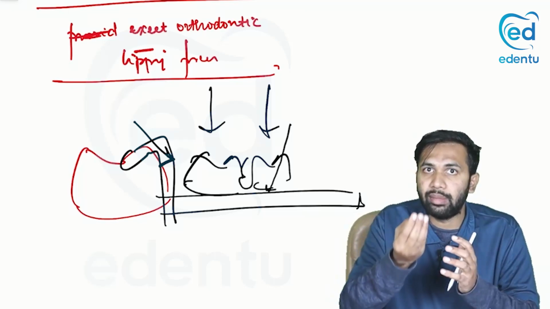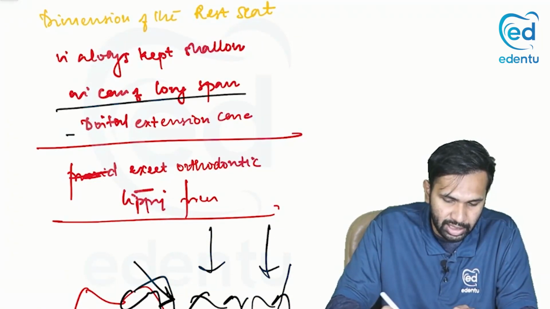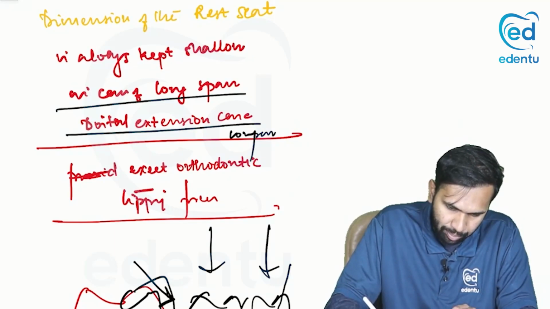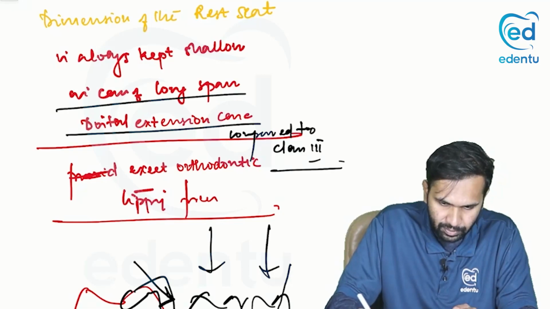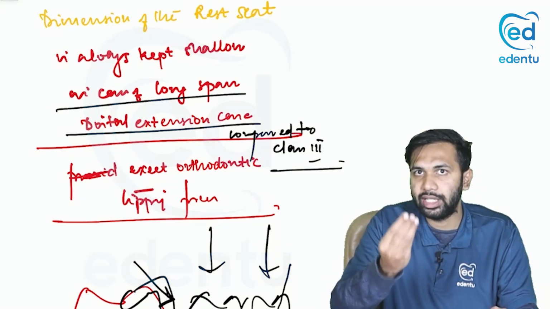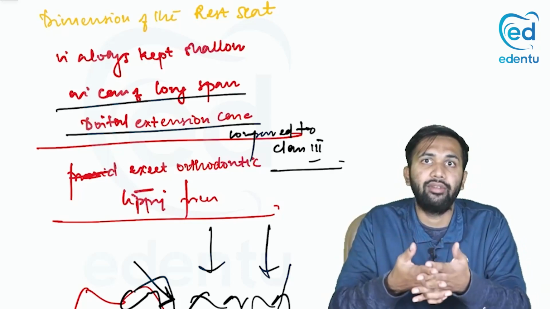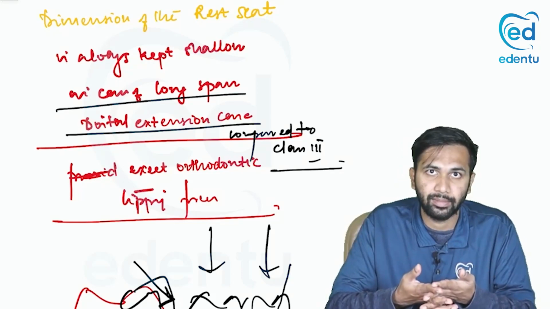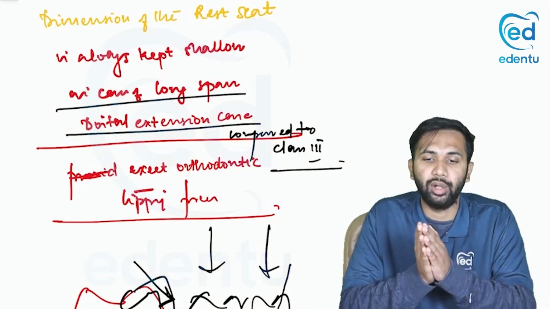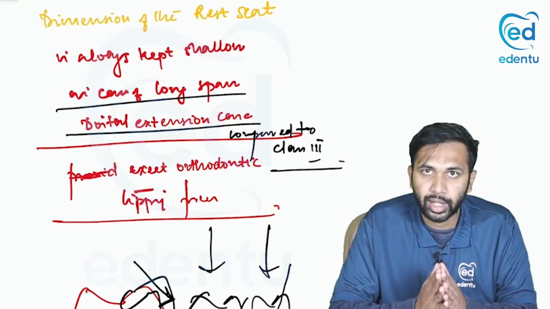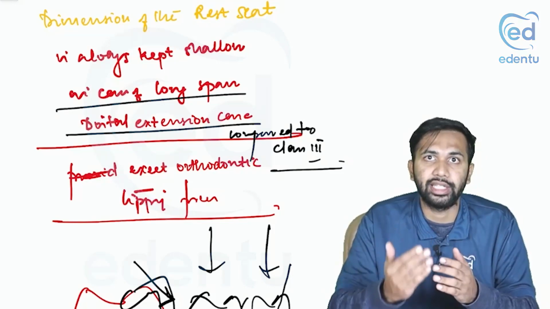In order to minimize these forces, the rest seat is kept shallower in long span distal extension cases compared to, let's say, a tooth supported class 3 case. A class 3 case will have a lesser amount of masticatory forces falling on it. In that case, you can keep it a wide occlusal rest. Whereas in your class 1 or class 2 long span, you keep it as shallow and as narrow as possible. So that is all about your occlusal rest, the types of rest, and rest seat.